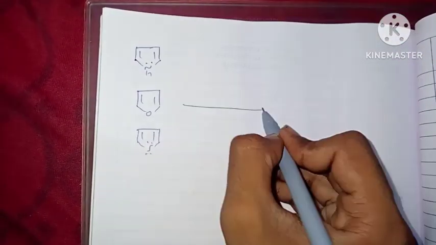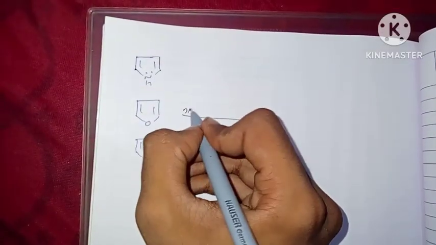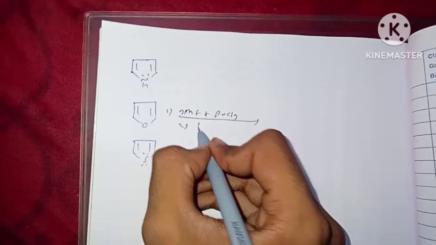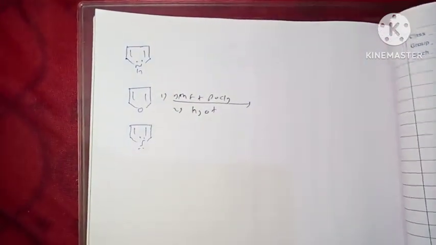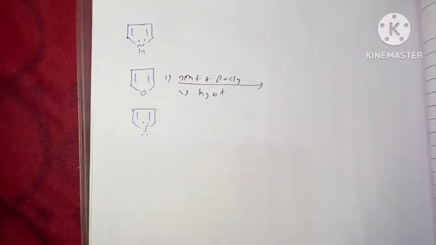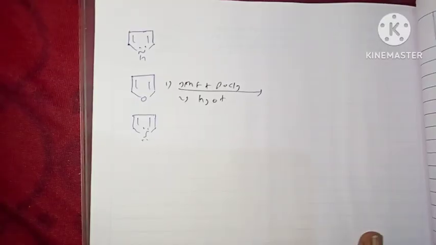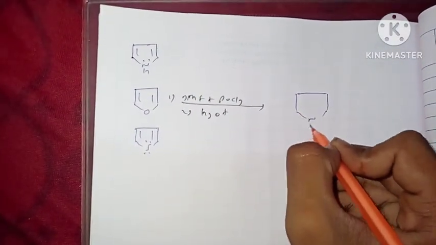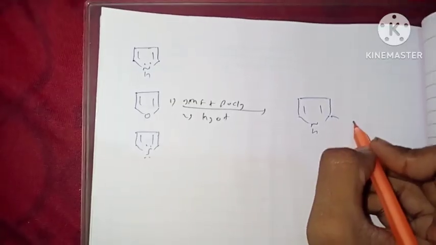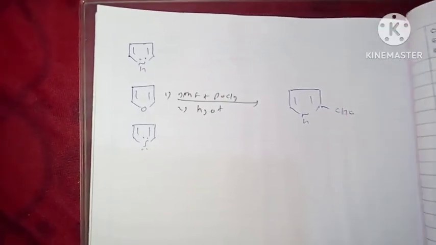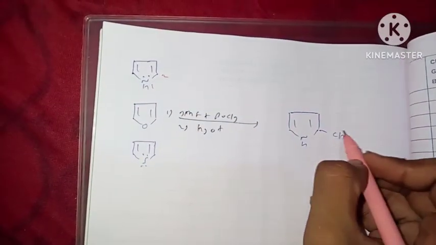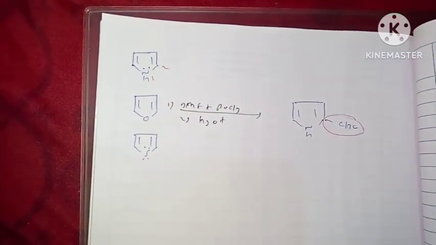And when we react with DMF, POCl3 and then H3O plus, means aqueous workup, it is the Vilsmeier-Haack reaction. So in all these cases we get formylation on the second position, means here there is first, second.